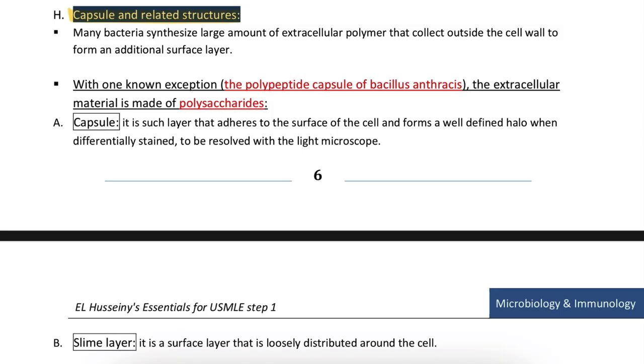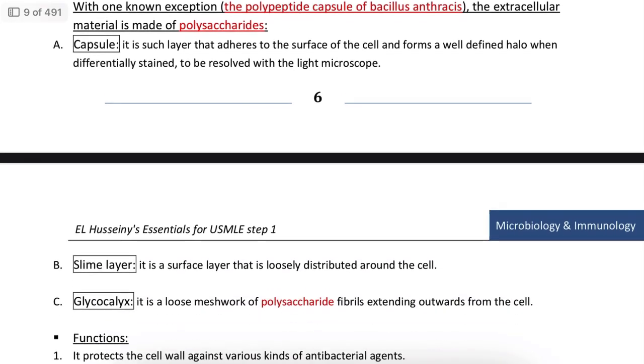The capsule is a well organized extracellular polysaccharide layer tightly attached to the bacterial cell wall, and we have some exceptions, like Bacillus anthracis, which has a polypeptide capsule made of glutamate. It can be visualized by differential staining and appears as a halo around the bacterium under the light microscope.